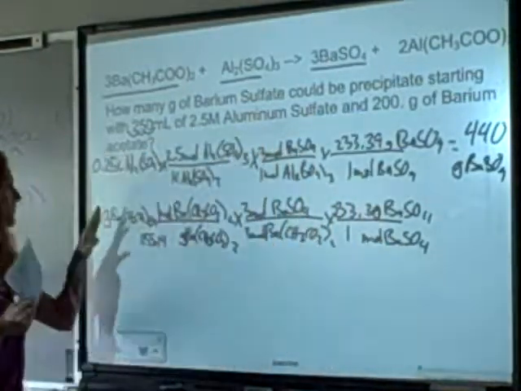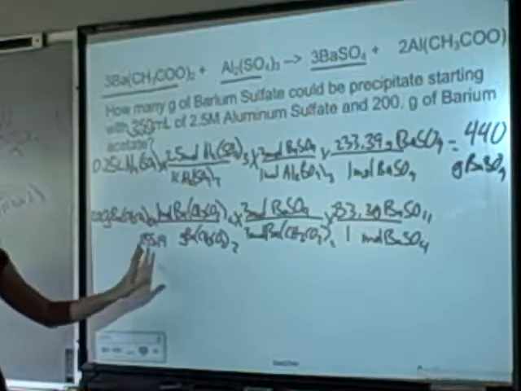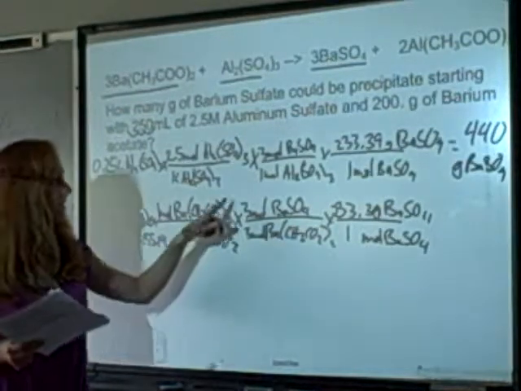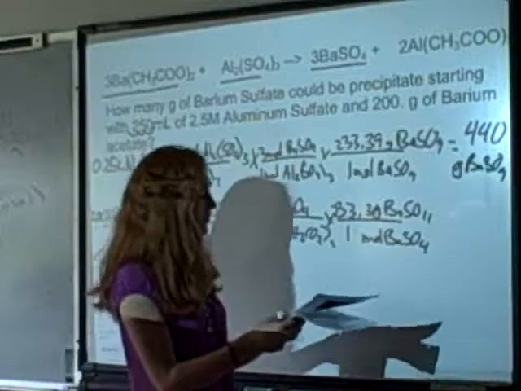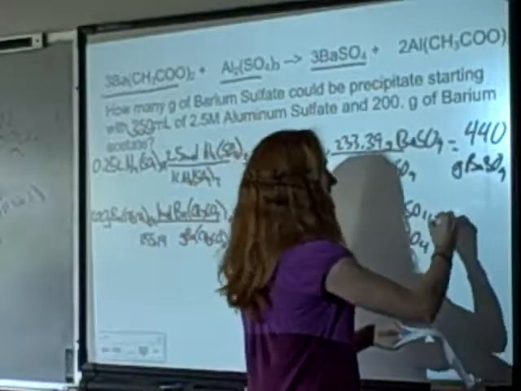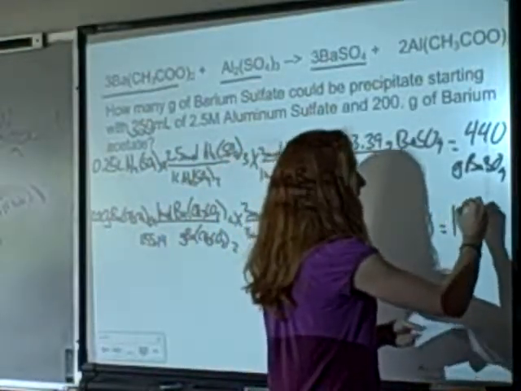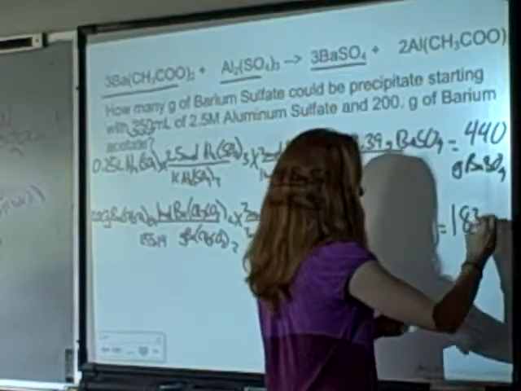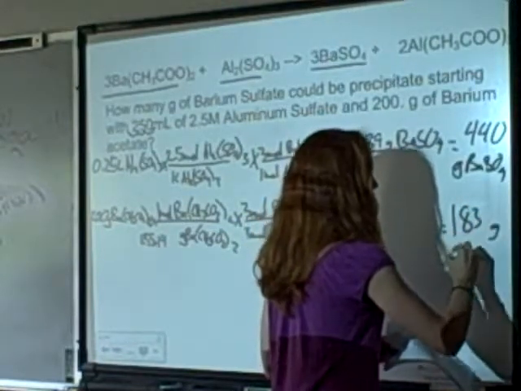Okay, so 200 divided by 255.14 grams times 3 divided by 3 times 233.39, and I end up having enough to make 183 grams of barium sulfate.